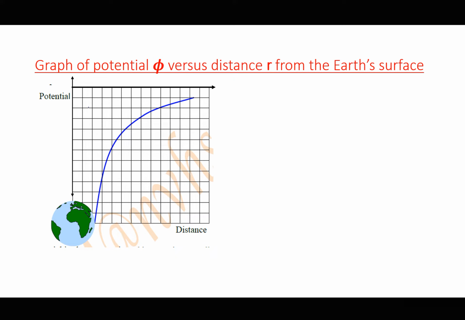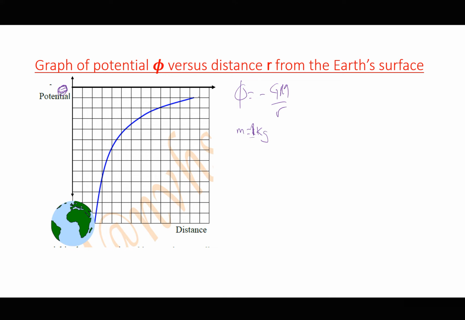The expression for potential phi is given by negative GM over r. We are considering a unit test mass of 1 kilogram. When I move it away from the Earth's surface, it gains more potential energy, so the graph tends towards the x-axis where potential is 0. At infinity, this graph will touch the x-axis because the potential becomes 0. Remember, I'm considering a unit mass.